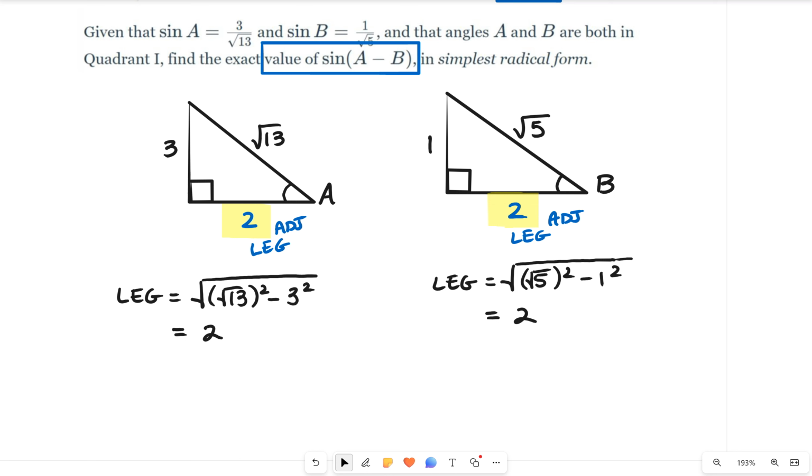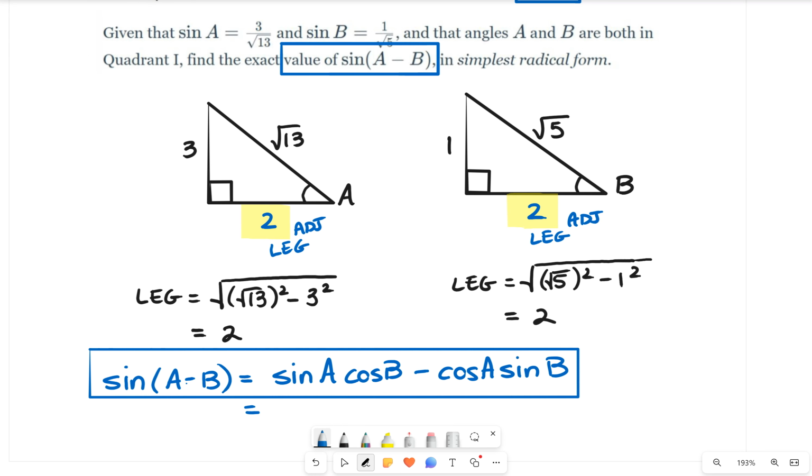So anyway, here is what you're going to do with these. Now that we have all the given information, we need to proceed and evaluate using the sine difference formula. Sine of A minus B is equal to sine of A times cosine B minus cosine A times sine B. I have been given the sine of A to be 3 over square root of 13, and I've also been given the sine of B, which is 1 over square root of 5.